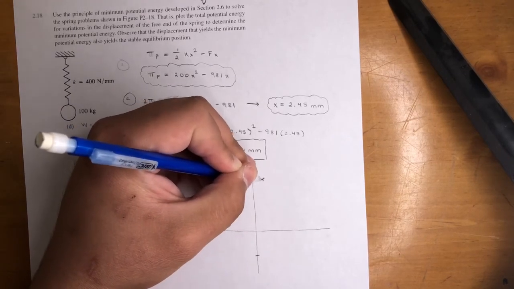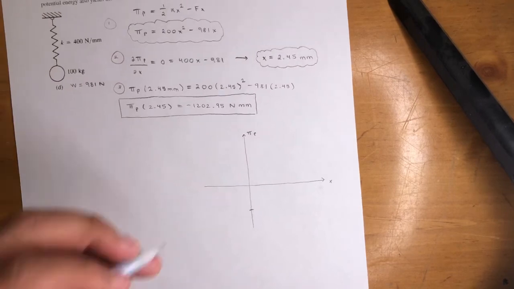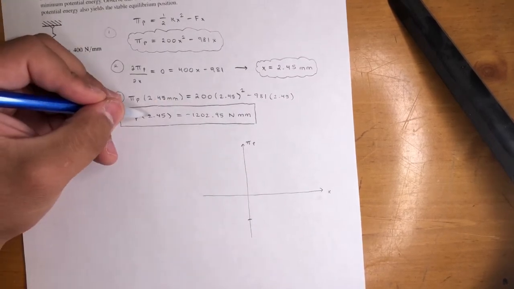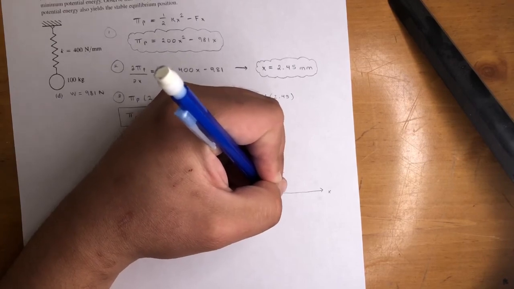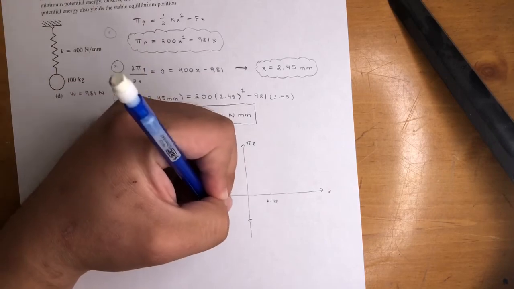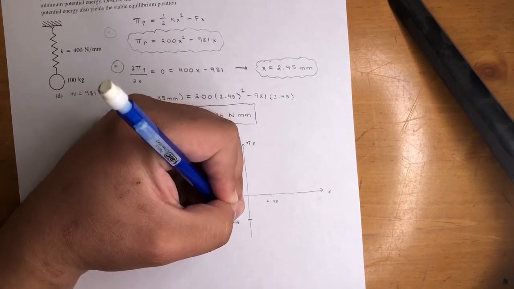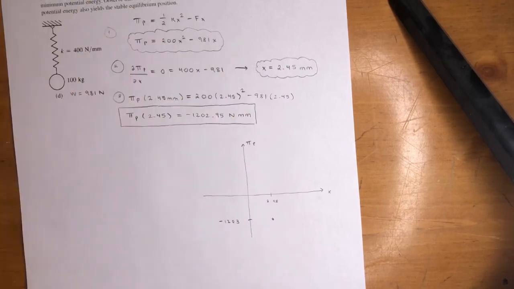This is pi p, and this is x. Okay, and at x equals 2.45, so let's put it right here, 2.45, your potential energy is negative 1203. I'm just rounding it up, and that point's right there.